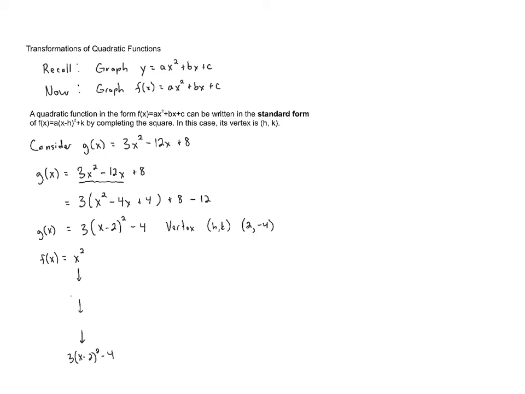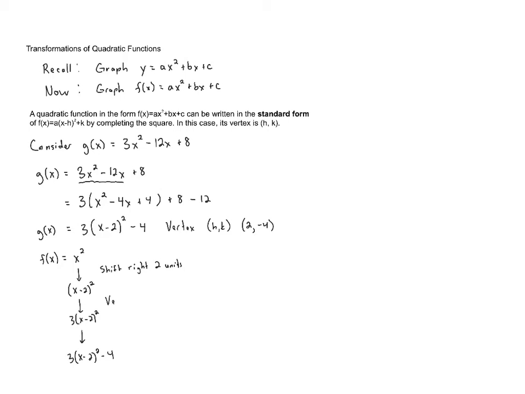Now the first thing we can do is replace x with x minus 2. And we know that when we do that, we end up having a shift to the right 2 units. Then we multiply our function by 3. So we replace our function with 3 times the function.